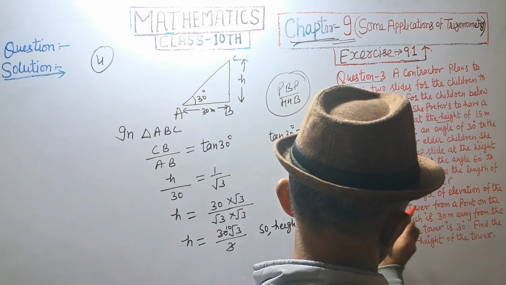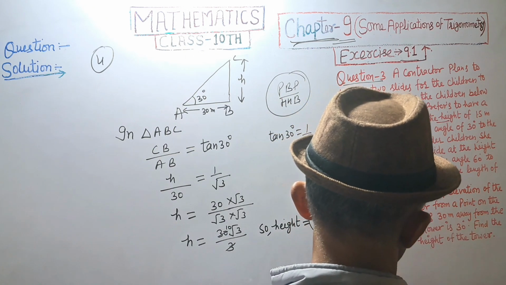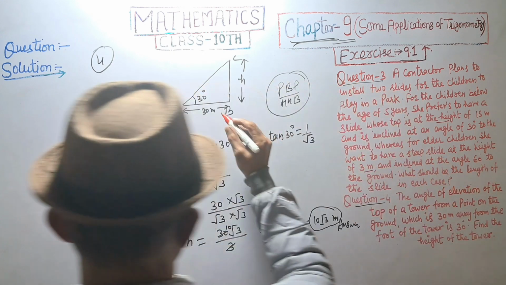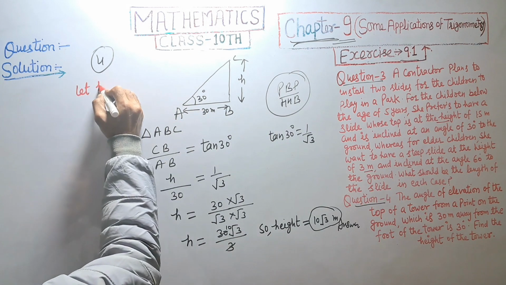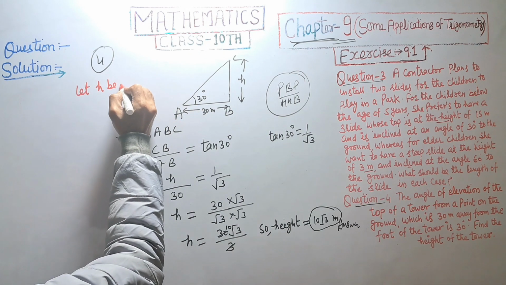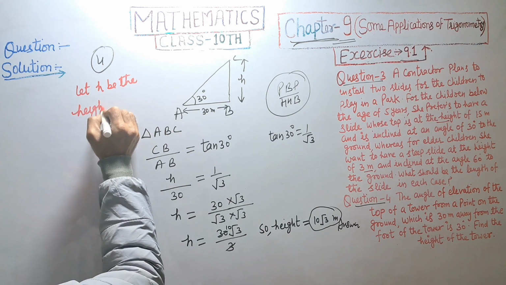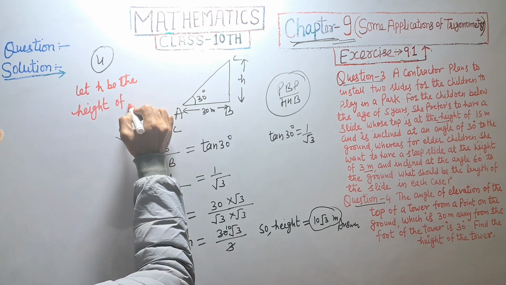The angle of elevation of the top of the tower from a point on the ground which is 30 meters away from the foot of the tower is 30 degree. Let H be the height of the tower.